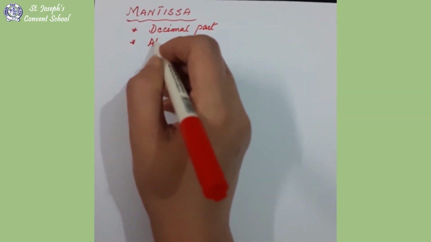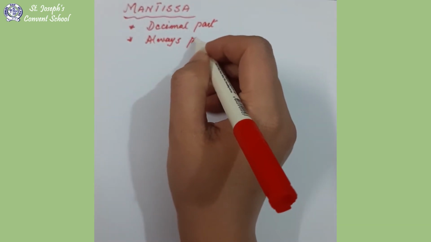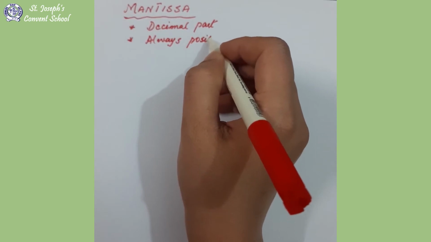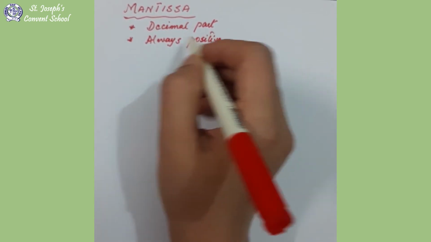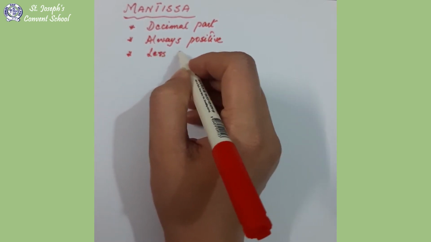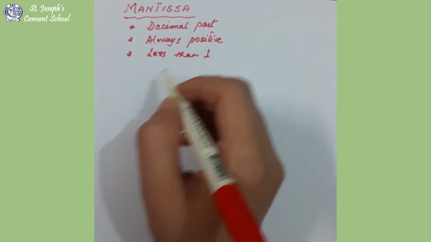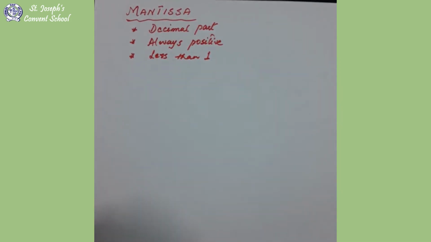It is always positive, and it is less than 1. The number is always less than 1, which means you will write it in decimals. The answer you get after using the table is a number less than 1, so it is always in decimals.